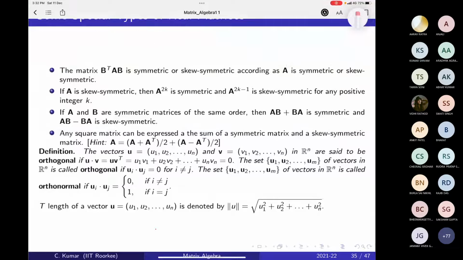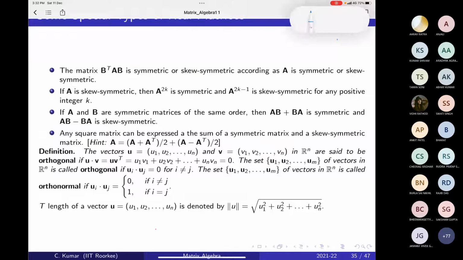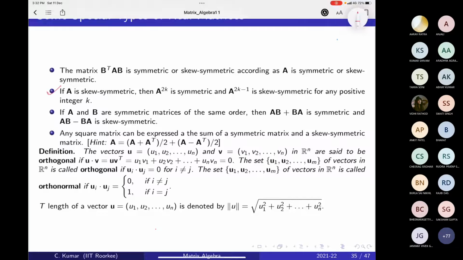Okay, so the rest of the properties are more or less similar. I do not want to repeat the same argument again and again. So you can check that if A is a skew symmetric matrix, then A raised to 2k is a symmetric matrix.